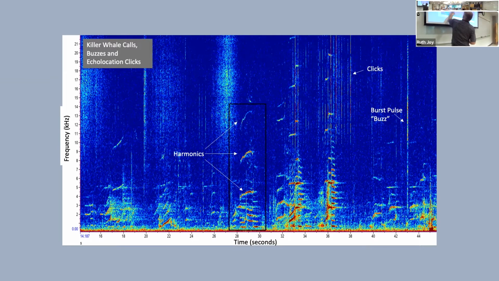And the other part that I want to point out is a recent study on the clicks, which shows the click detector is quite an important tool to use as well, not just the call detector. Especially that recent paper by Liu et al. showed that these clicks have energy peaks at much lower frequencies than we originally thought.